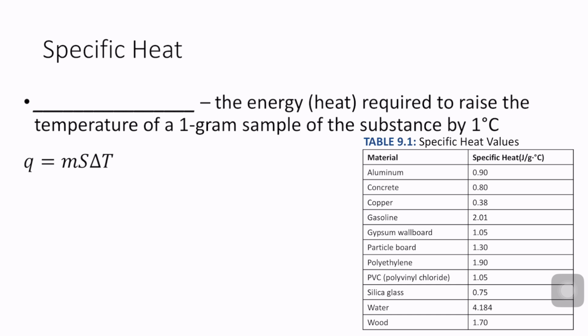Now, we can also talk about the specific heat. And the specific heat has a very specific definition, if you will. It is the energy required to raise the temperature of 1 gram of substance by 1 degree Celsius.